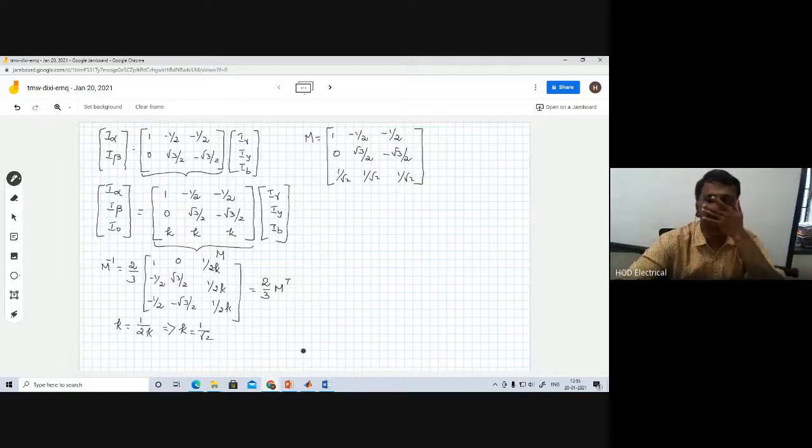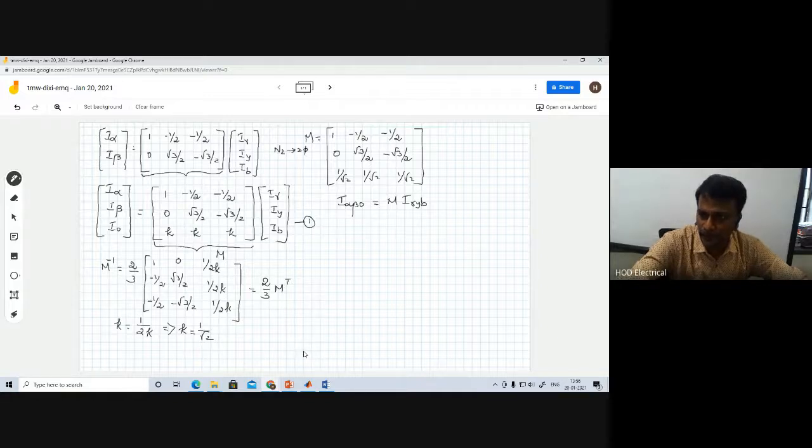Now this equation can be modified as: the current in the two-phase winding is equal to the M matrix times the current in the three-phase winding. Now assume N2 is the number of turns in the two-phase winding and N3 is the number of turns in the three-phase winding.